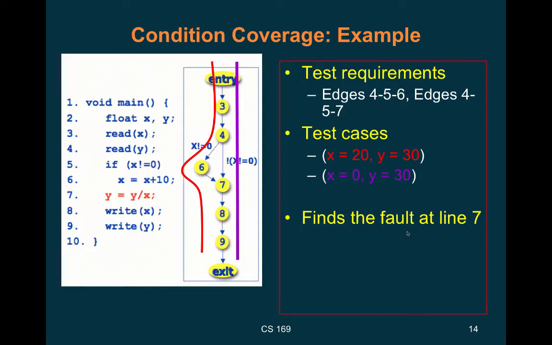So the example is chosen on purpose here to show that statement coverage is not enough and condition coverage finds the bug. As you might expect, even condition coverage is not perfect. Even when you have full condition coverage, you probably found more bugs than with just statement coverage, but not all bugs.